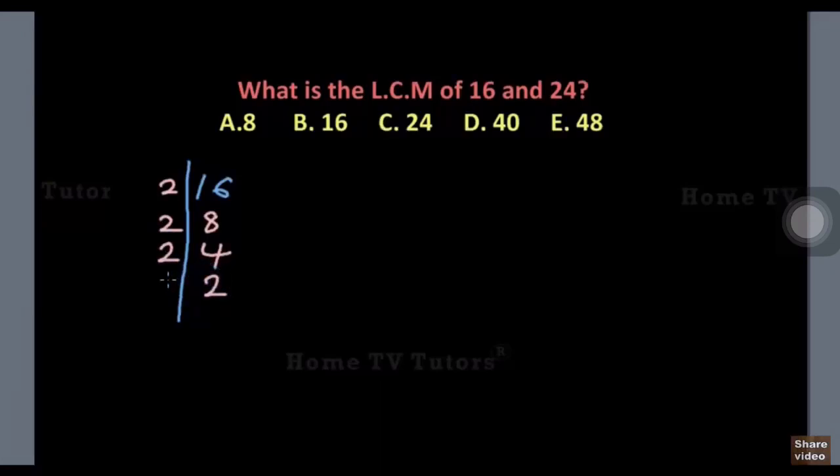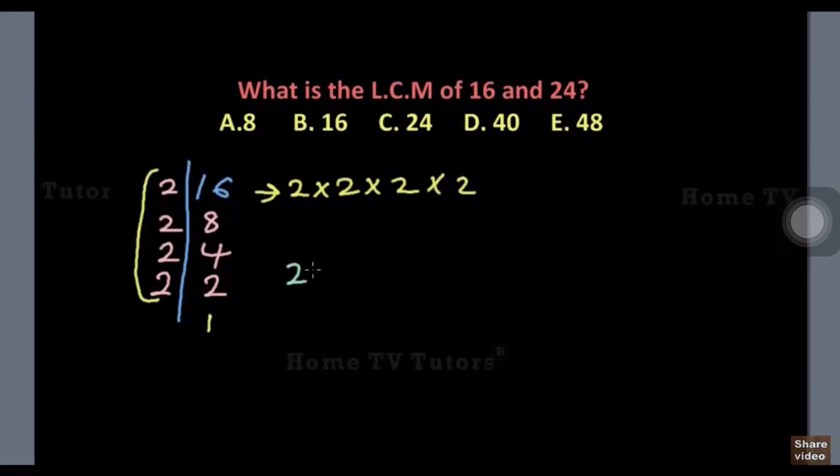So we have to find the multiples of 16 first, as you can see. 2 divided into 16, 8, 2 in 8, 4, 2 in 4, 2, 2 in 2, 1. So the factors of 16 are 2 times 2 times 2 times 2. Gives us 16. Try to multiply it, you see that it will give you 16.